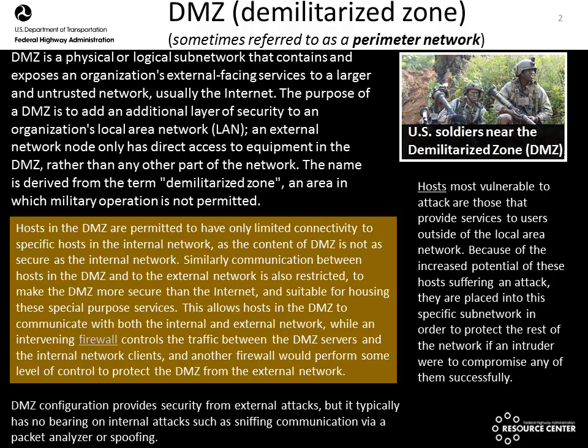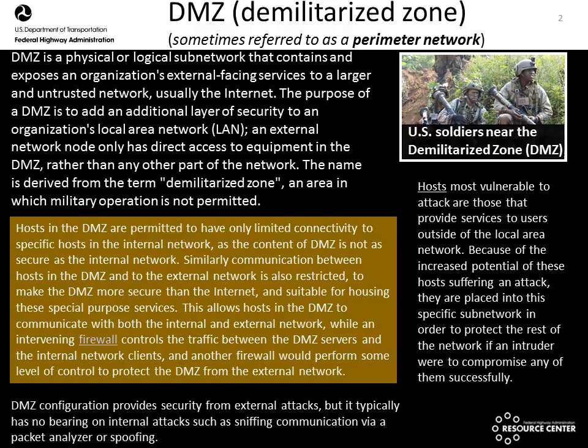Hosts in the DMZ are permitted to have only limited connectivity to specific hosts in the internal network, as the content of a DMZ is not as secure as the internal network. Similarly, communication between hosts in the DMZ and the external network is also restricted to make the DMZ more secure than the Internet and suitable for housing these special purpose services.